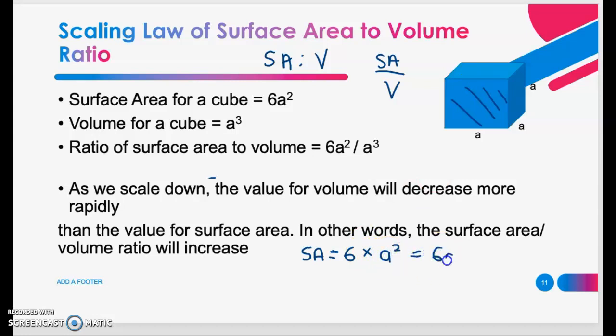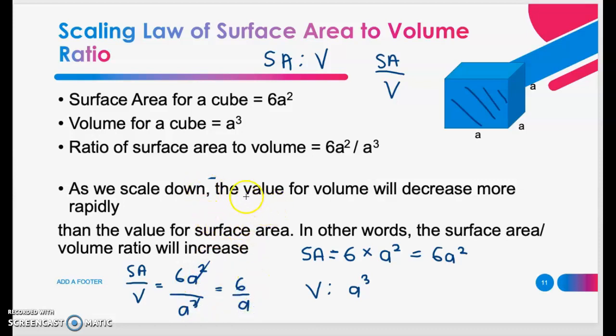So we get 6A squared. How about the volume of the cube? It is A cubed. So what is the ratio of the surface area to the volume? It is 6A squared divided by A cubed. If we cancel down, it becomes 6 over A.